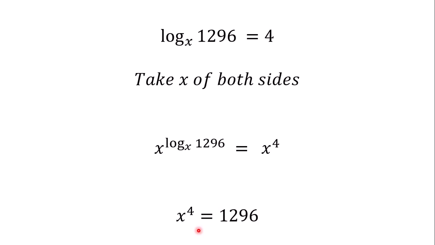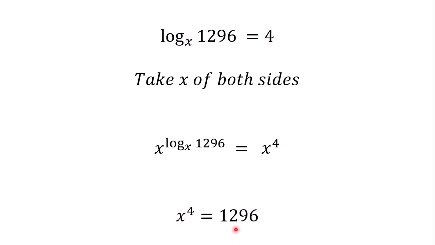Here is very simple. You can take the fourth root of both sides, and you get your answer at the end of the day. But because I'm using the law of exponent indirectly, which is indices, I'm going to rewrite this one in a form like a base and a power.